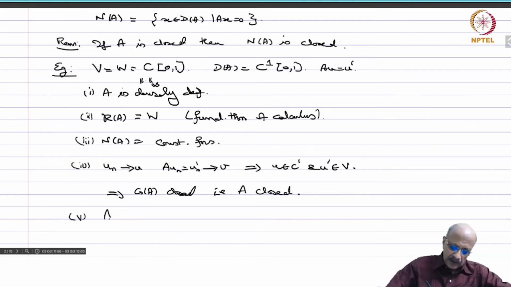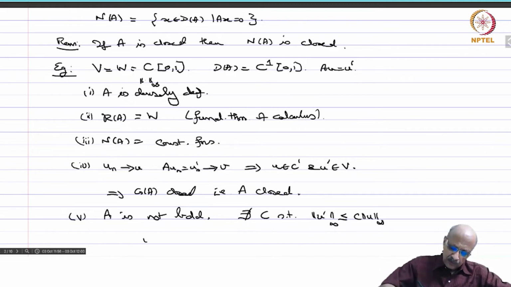5. A is not bounded. We have already seen this, that is, you cannot have a constant, so there does not exist C such that norm u dash is less than or equal to C times norm u.